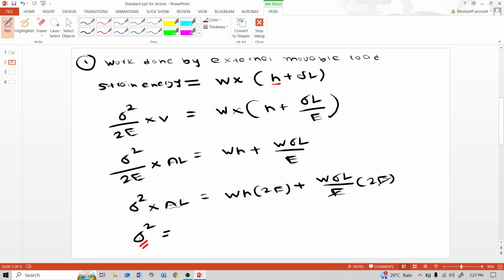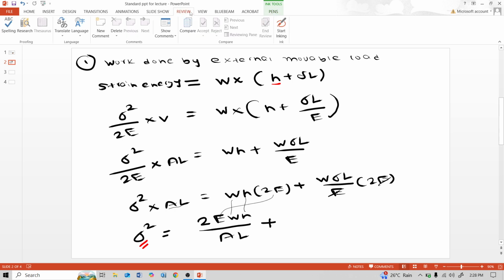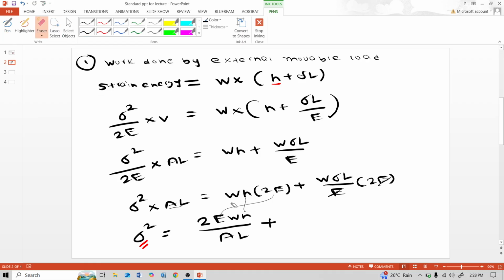That's why I separate sigma on one side and all other terms on the other side. So we write 2EWH over AL plus the W, H, E terms. Simple mathematical steps.